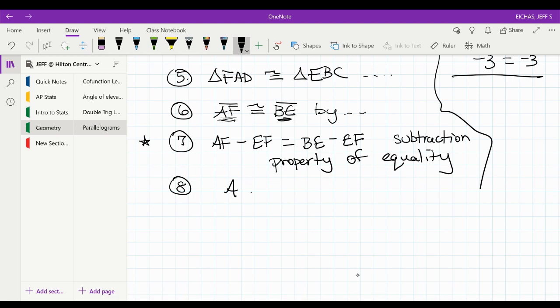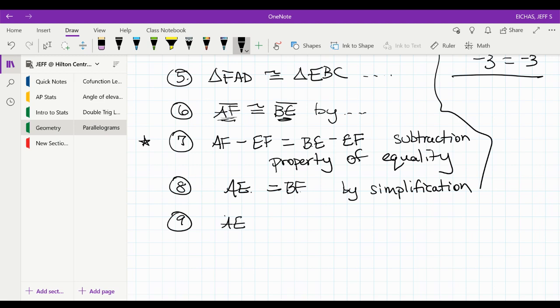I could say now that AE is congruent to BF, and it's not really simplification, but I'm going to say it anyway. Basically, I'm saying A to F minus E to F is A to E, and B to E minus E to F is B to F. That was up top where I talked about the segment subtraction postulate.